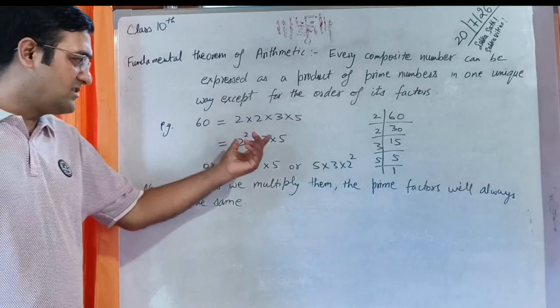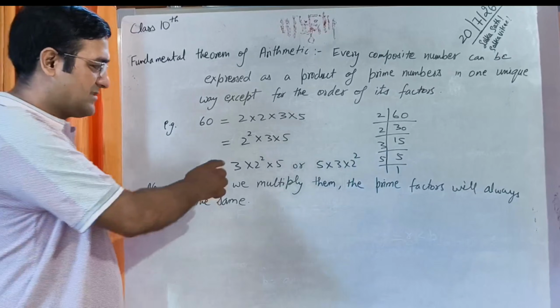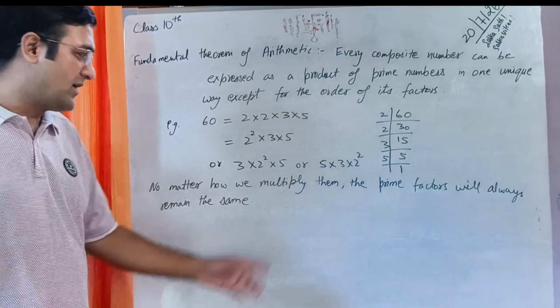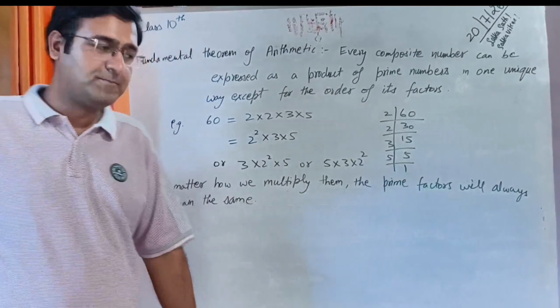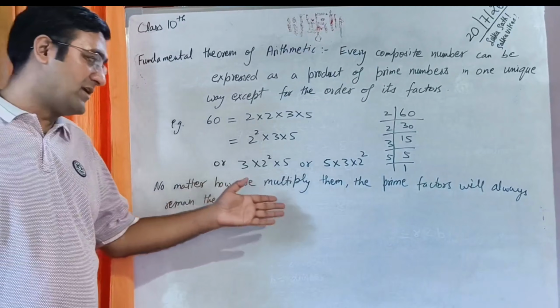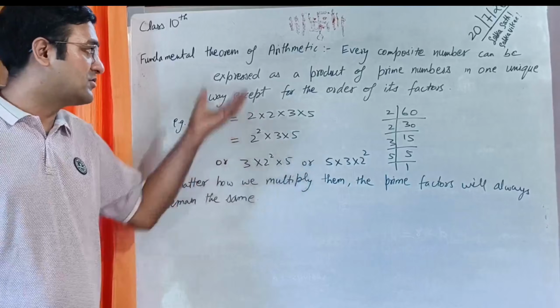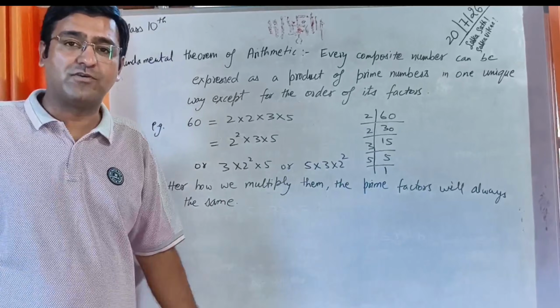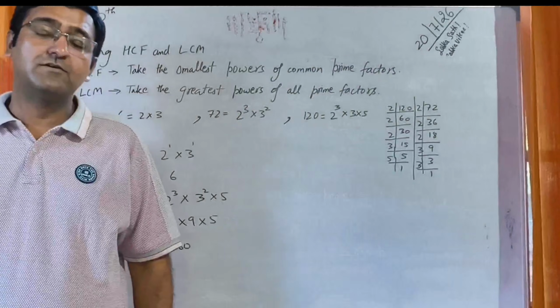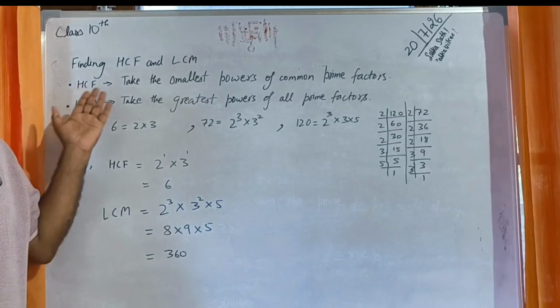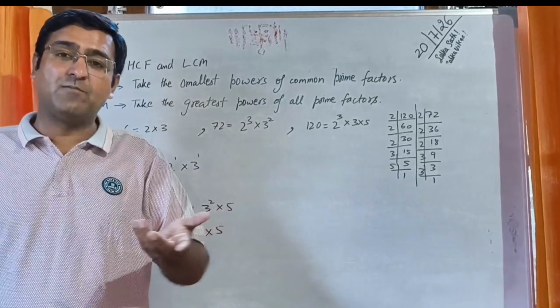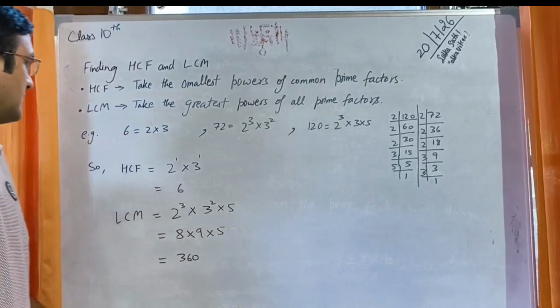Now we can arrange these factors in any way. We can write it as 3 into 2 square into 5, or we can write 5 into 3 into 2 square. So no matter how we multiply them, the prime factors will always remain the same. So this is what the fundamental theorem of arithmetic says. Today we are going to find HCF and LCM with the help of it.